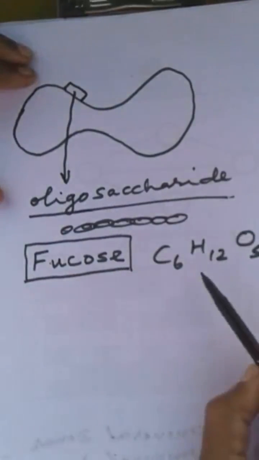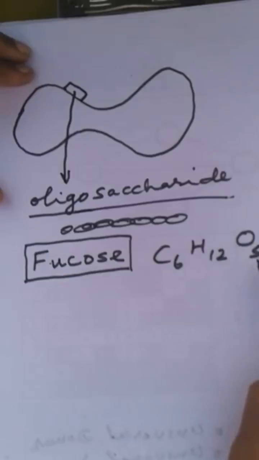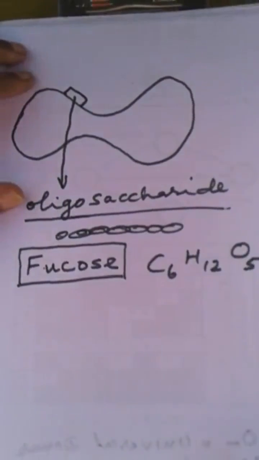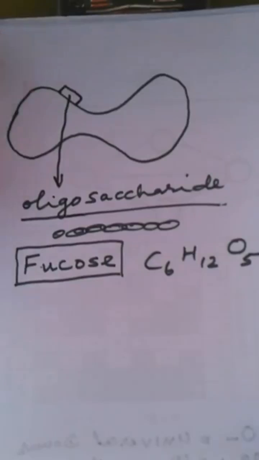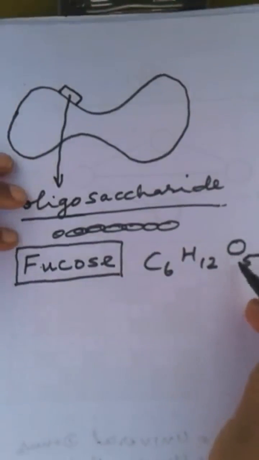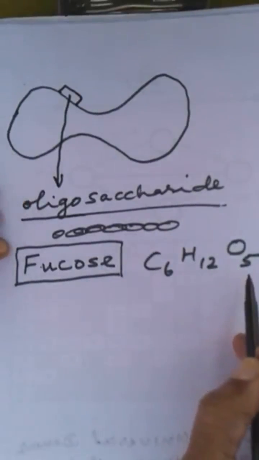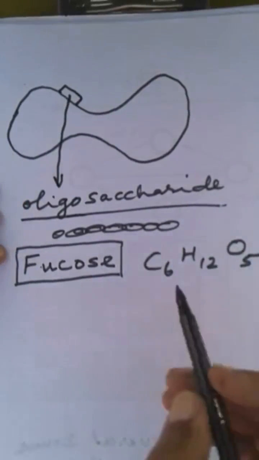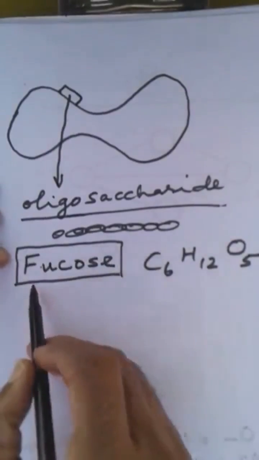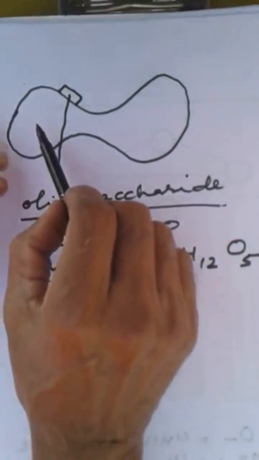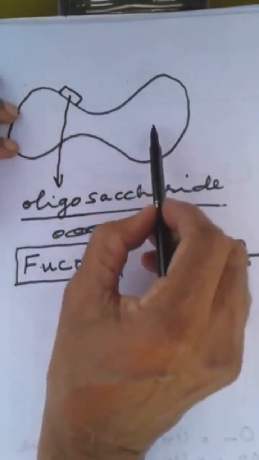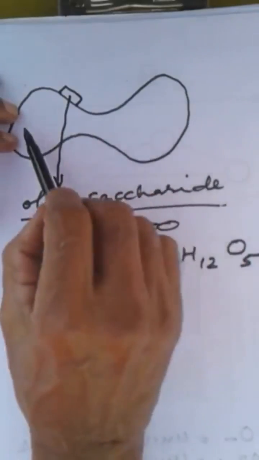Normally the sugar formula is C6H12O6, as you all know. But here one oxygen is removed, so you get fucose, C6H12O5. This fucose is seen inside, in the liquid part of the erythrocytes.